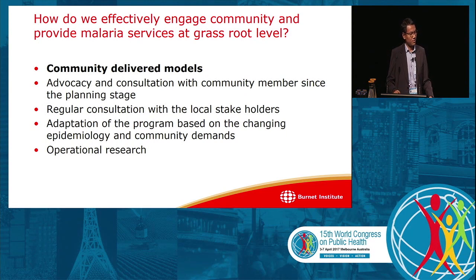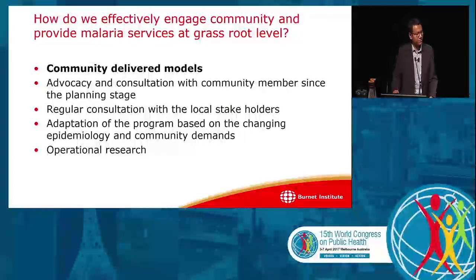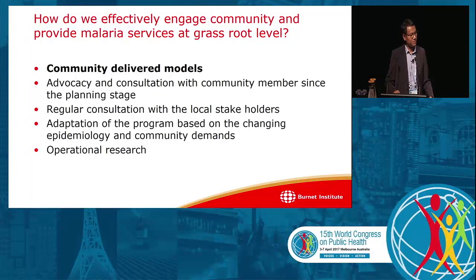One of the other recommendations is about advocacy and consultation with community members before starting the planning stage, so that we can know what the community requires and how we are going to adapt the program, so as not to conflict even after starting the program. Regular consultation with local stakeholders and adaptation of the program is still needed even after starting our program. Otherwise, a number of programs in implementation are donor-driven projects, and the community engagement sometimes goes in a different direction.